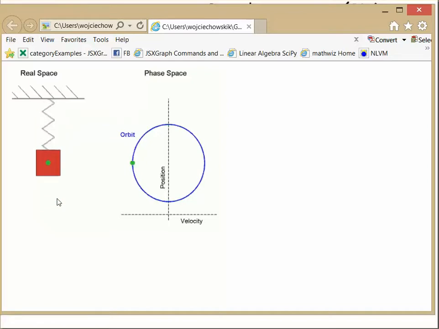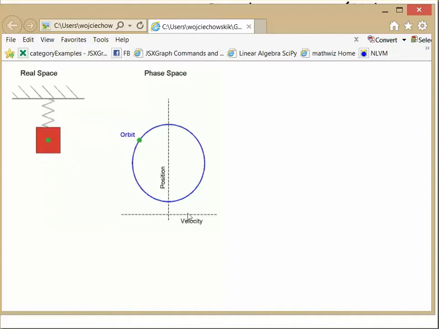This green dot represents the motion, circling around here. You're going to get oscillatory motion, and with harmonic motion you can expect to see sines and cosines.